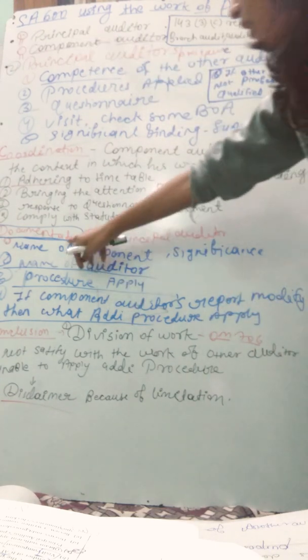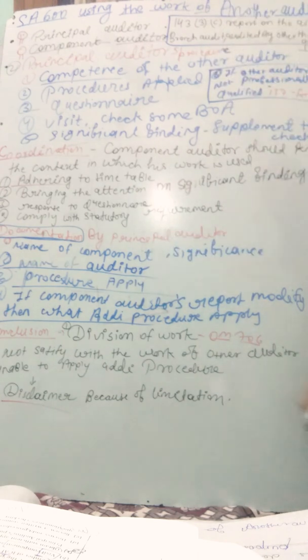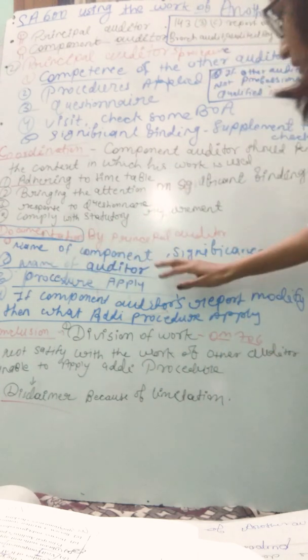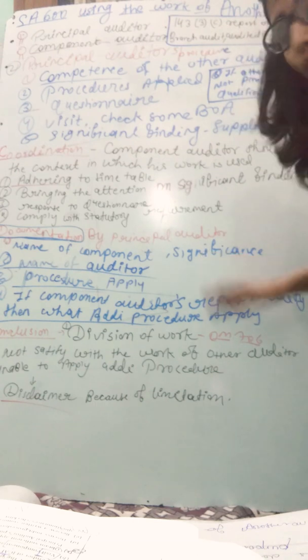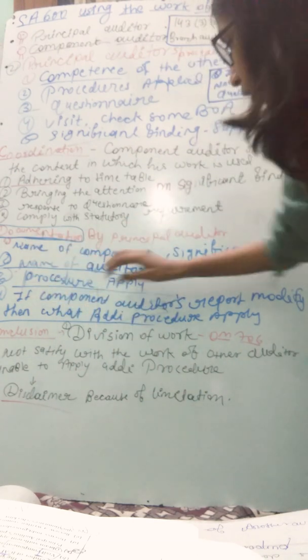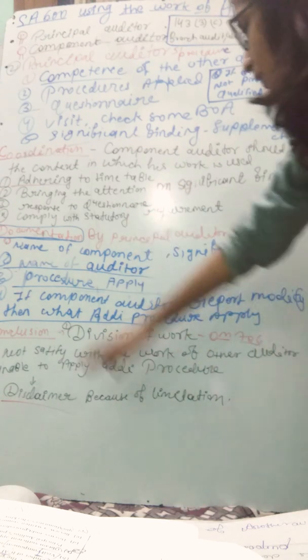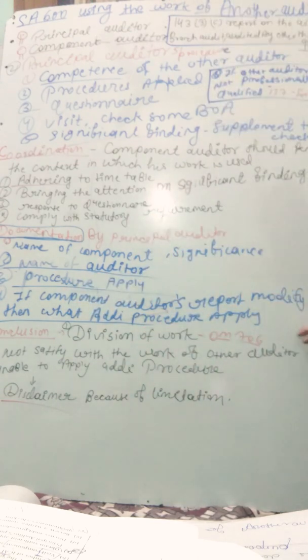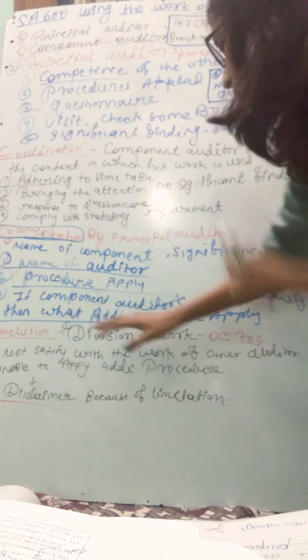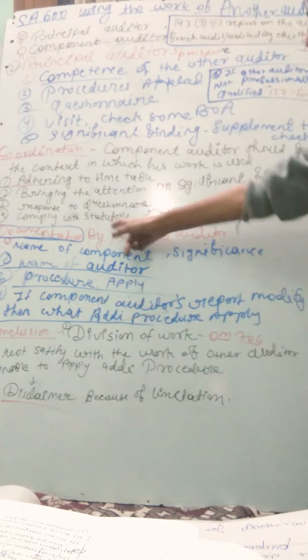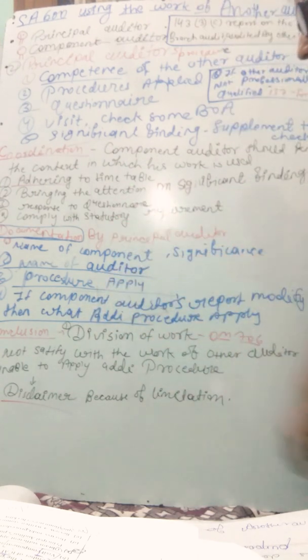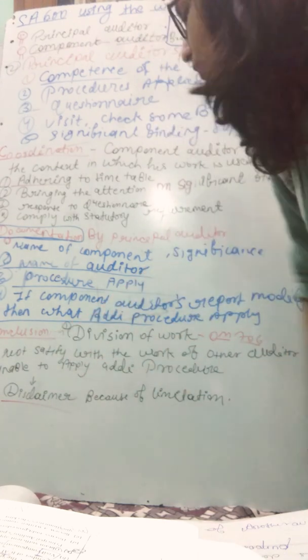Then documentation by the principal auditor. The principal auditor should document the name of the component, significance of the component, the name of the auditor of the component, and procedures applied by the principal auditor. If the component auditor's report is modified, then what additional procedures were applied by the principal auditor should also be documented. Then finally the conclusion.